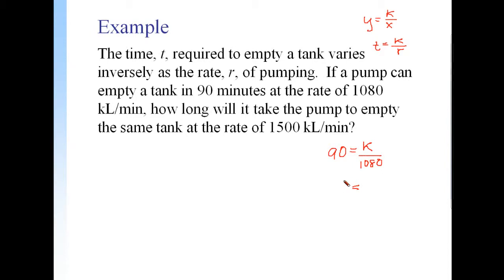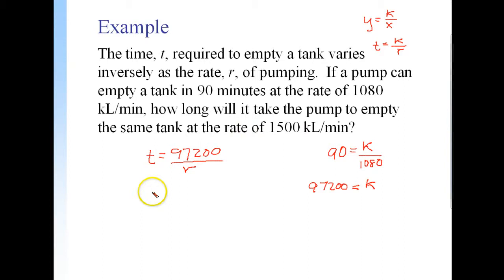So 1080 times 90. K is going to equal 97200. So our formula then will be T equals 97200 divided by R.